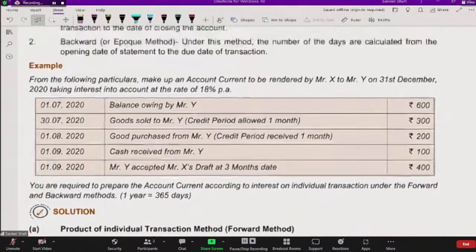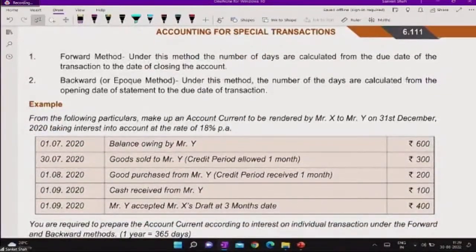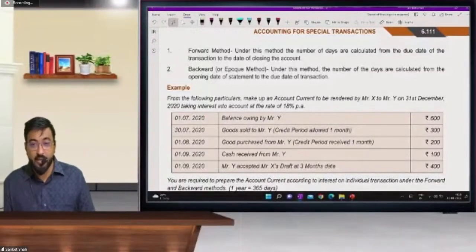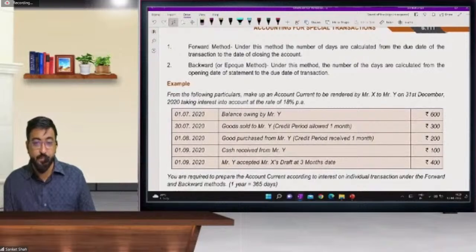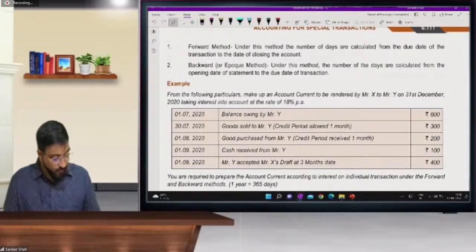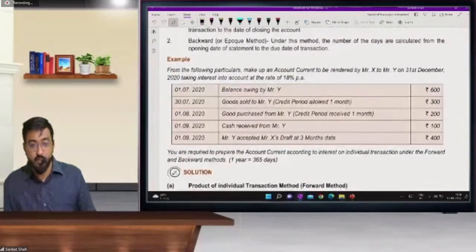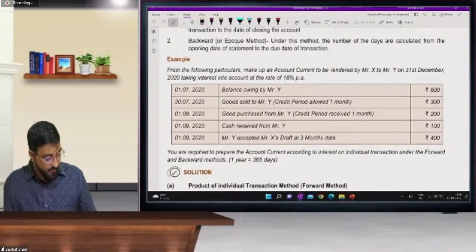Come to the page number. I am going to explain both methods, balance method and interest method. So come to question number 6.111 page. Yes, example, please understand it.